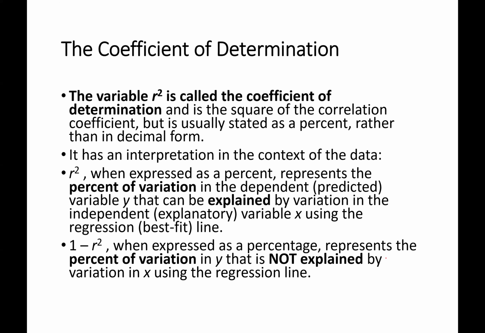1 minus r squared, when expressed as a percentage, represents the percent of variation in y that's not explained by the variation in x using the regression line.